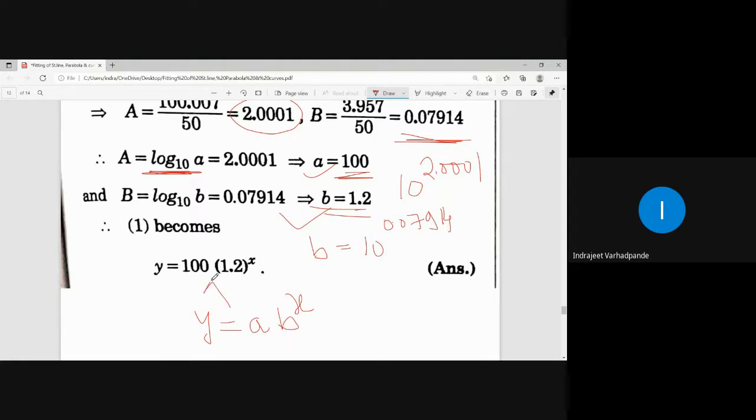So my original given curve is now converted to the best fit equation of the type y is equal to 100 into 1.2 to the power x. So this was just the explanation for the simplification of the problem, asked to fit the curve, which is a type of exponential curve in a true sense, y is equal to a b to the power x.